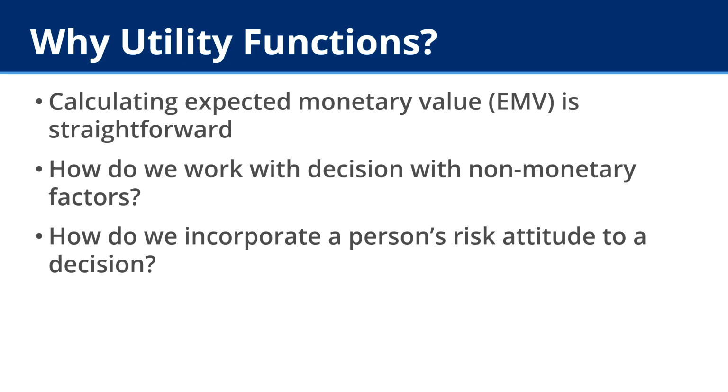For example, a person's preference for red over blue, or for cooler weather versus sunny weather. If you were to account for these kinds of factors, how do they affect your decision? In a nutshell, you're trying to convert these non-monetary values into some kind of quantitative measure so that you can get an expected value in the end.